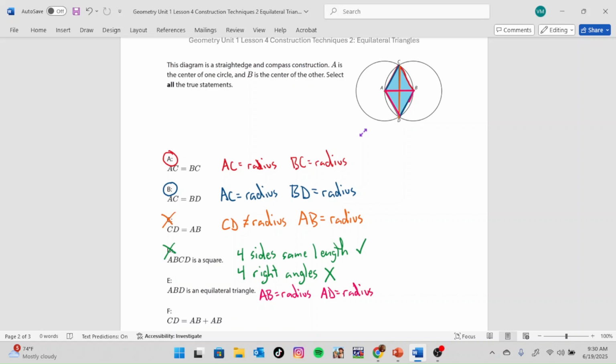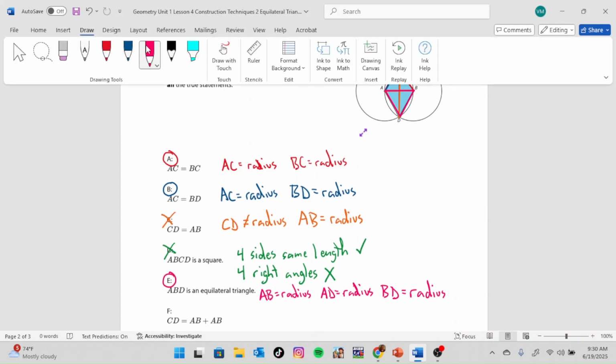And BD is a radius. This means all three sides are the same, so the angles are also going to be the same, and this is an equilateral triangle.